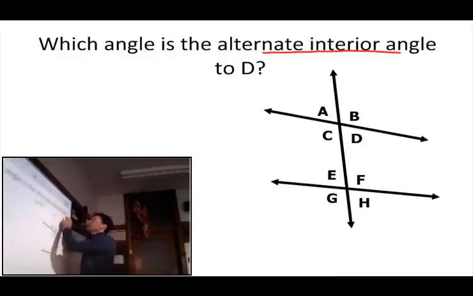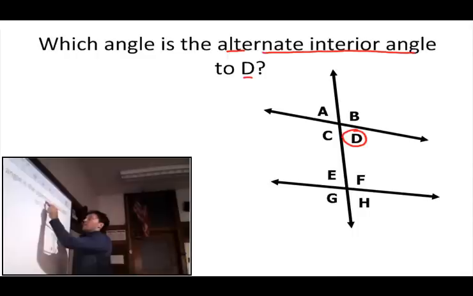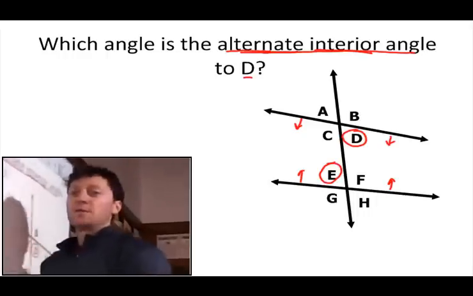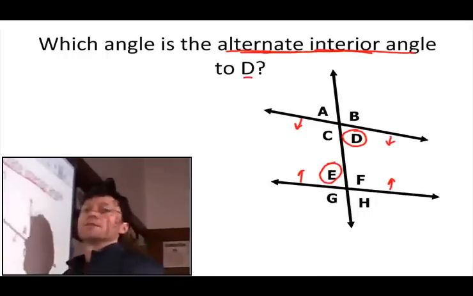Alternate interior angle to D. Okay, let's start at D again. Now we want to be on the alternate side. We're on the interior of the two lines being cut, but on the alternate side of the transversal, so that must mean E. So D and E are alternate interior angles.